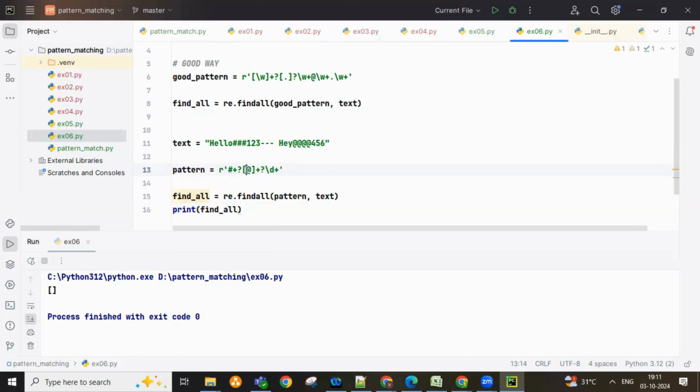If I remove this, let's try. How come it is not working? Hash. Okay, this guy is matching. Oh, okay. So when I use OR, it removed the specialness of the digit. One second.